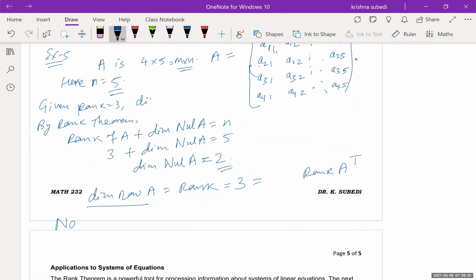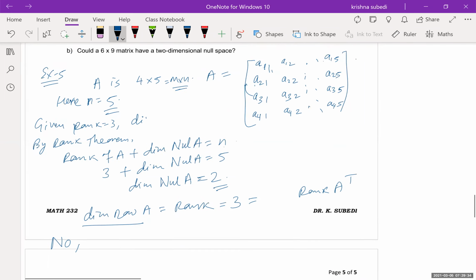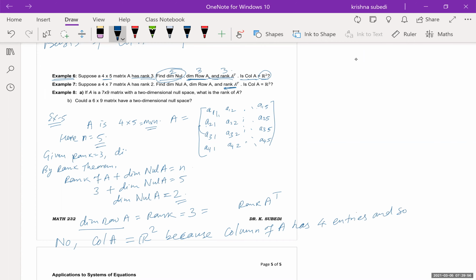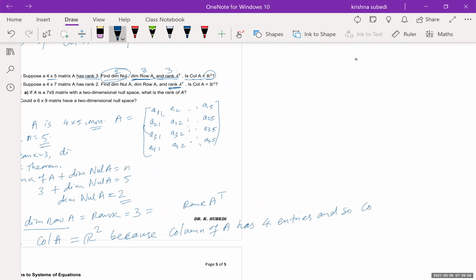So the answer is no. Column of A cannot be R2 because a column of A has 4 entries, and so column of A equals R4. Make sense?